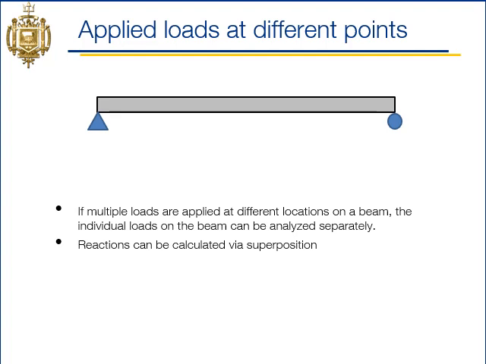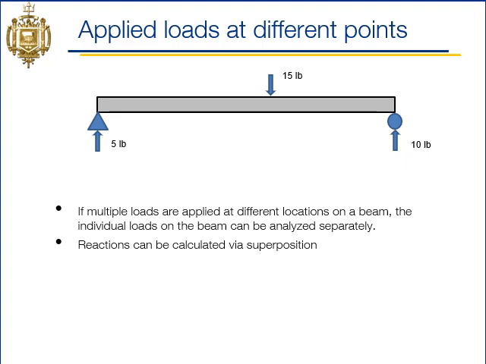So we'll just kind of see how that looks. All right, so we're going to start off with a 15-pound load. And we're going to say that that 15-pound load is positioned so that 10 pounds of it goes to our roller on the right, and 5 pounds goes to our pin on the left.